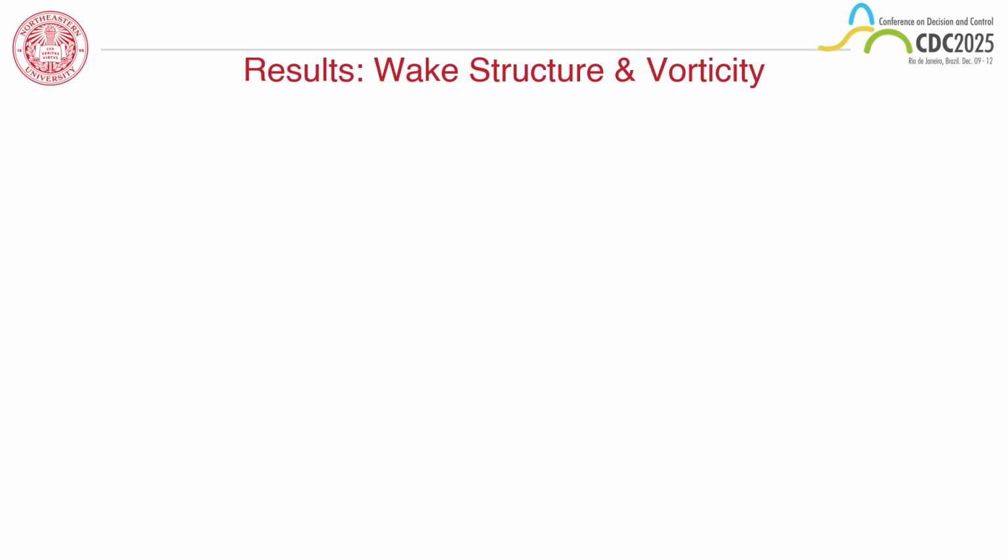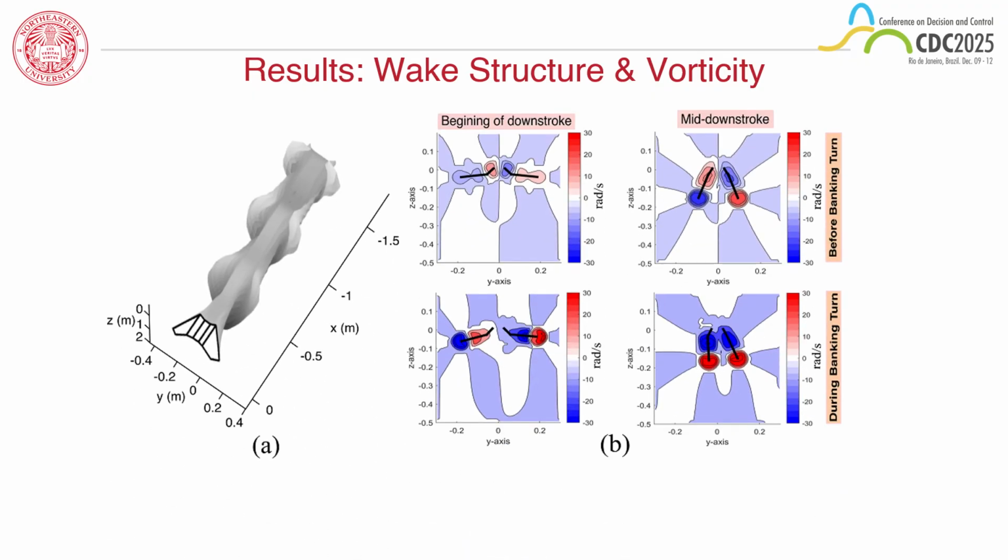We also analyze the wake structure and vorticity distribution during flight. Figure A on the left is a 3D visualization of the vortex wake trailing behind Aerobat. On the right, we show vorticity plots in the frontal plane at four phases: beginning of downstroke and mid downstroke, when the robot is before the banking turn and during the banking turn.